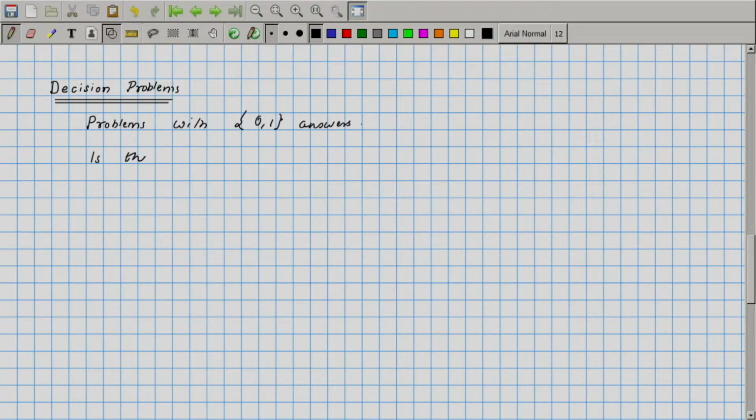is there a Hamiltonian cycle in G? Another example would be, is there an Eulerian cycle in G? So, G is the input.